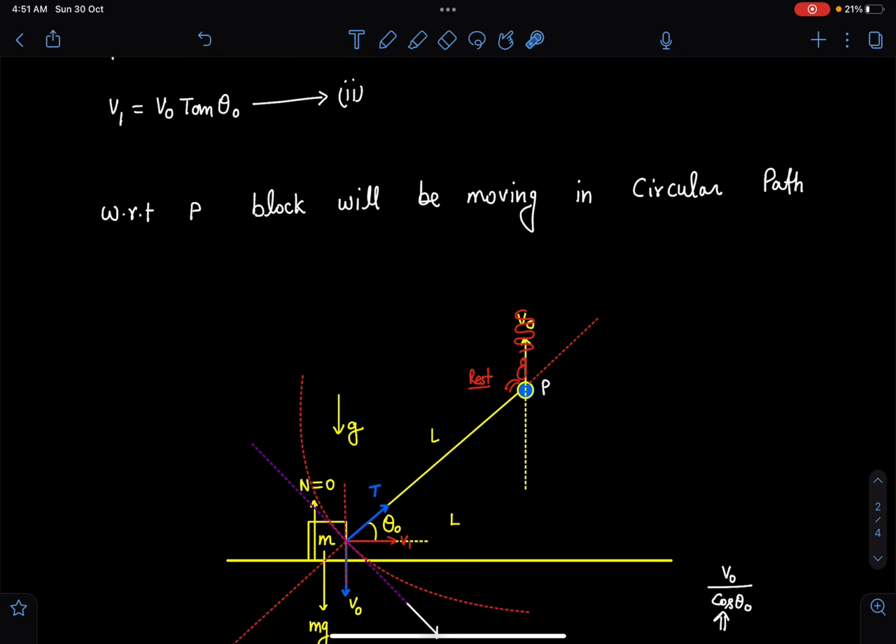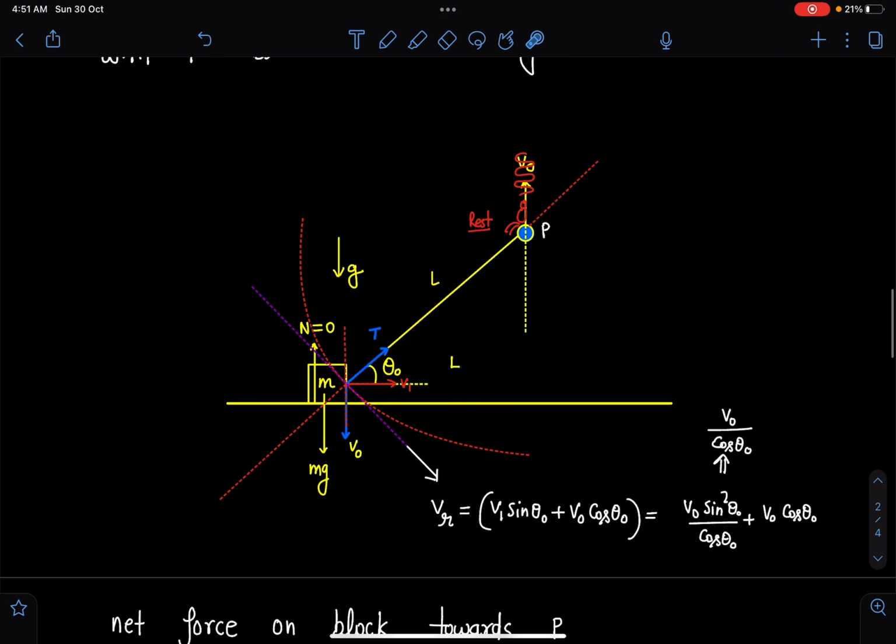The relative velocity along this line is going to be 0, which we have already used. And now, another situation here is that there is a tension T and there is this mg force. The normal reaction has become 0 at the instant when this block is leaving the contact.